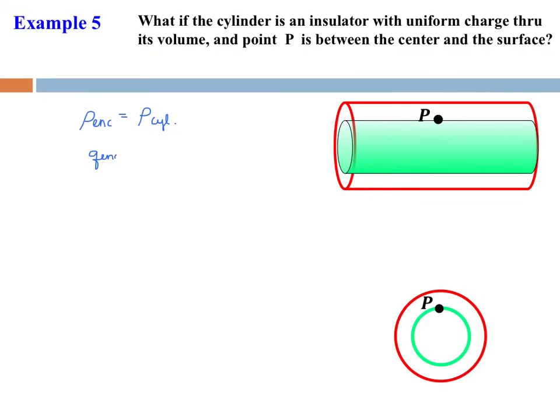So the charge enclosed per unit of volume enclosed is still the charge of the cylinder over the volume of the cylinder. And our volume enclosed is going to depend on our r, the radius of our Gaussian surface, times the length of the entire wire.